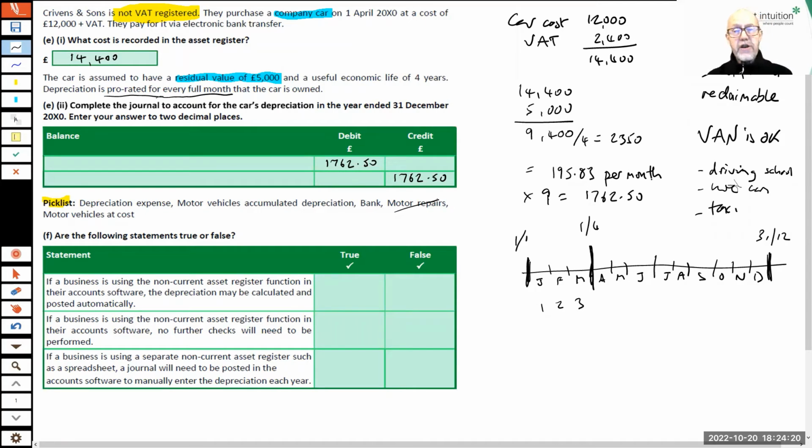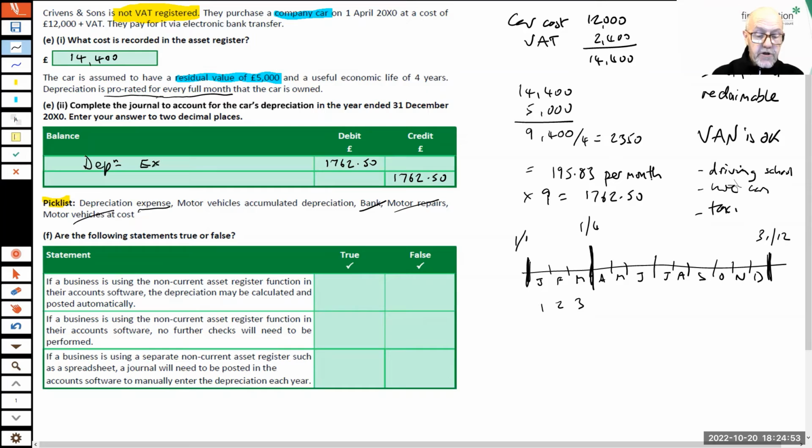Does the depreciation inspector come round with a big sack over his shoulder and say, I've come to collect the depreciation money? No. So nothing happens at the bank. Does the cost of an asset change just because it's now depreciated? Did it cost you any different? No. So we're left with depreciation expense and motor vehicles accumulated depreciation. And as Zara has quite correctly pointed out, expense is always a debit.